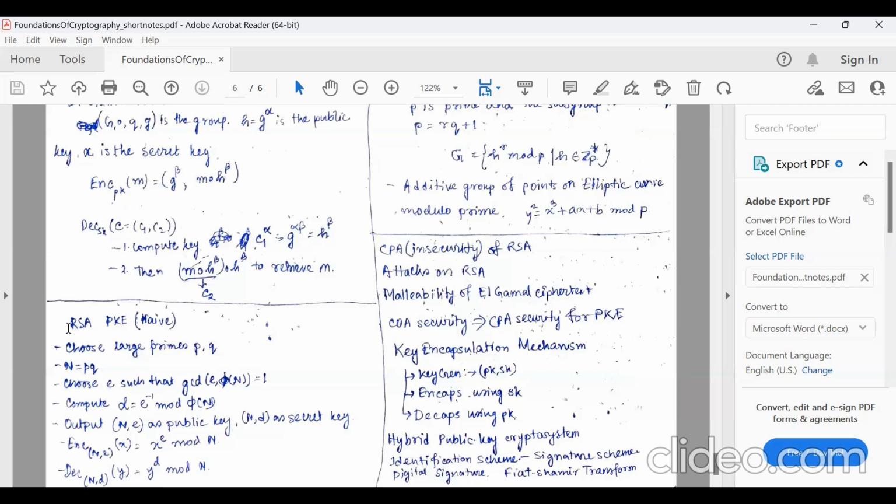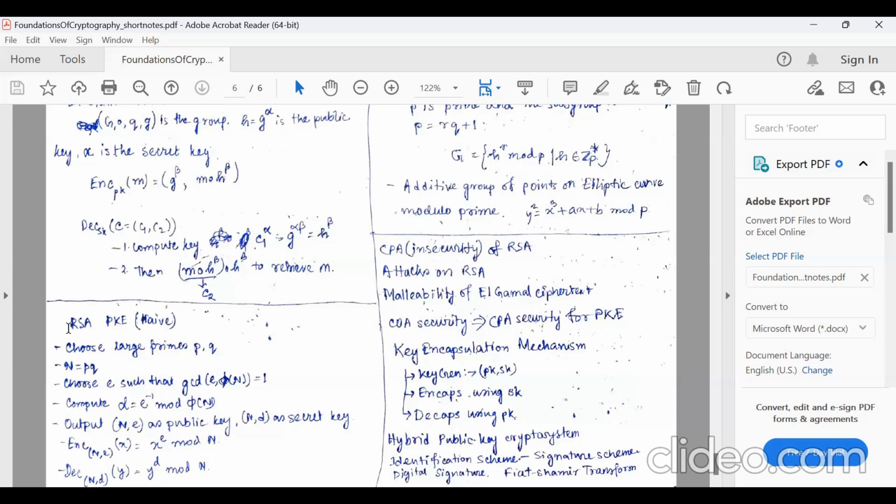So the adversary can use the public encryption key to see ciphertexts of any number of messages of its choice. So it need not have explicit access to an encryption oracle. So any public key crypto system which is ciphertext only attack secure, COA secure, is by default CPA secure as well.